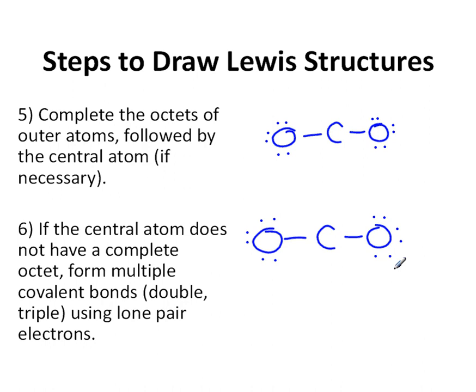Atoms will try and share evenly. So if we look at the central atom, it has 4 electrons around it. To make 8, it needs 4 more. I have to get 4 from 2 different atoms. So if I do 4 divided by 2, that means 2 from each of the oxygens. So I'm going to steal any 2 electrons from one oxygen, and I'm going to move them in between the oxygen and carbon on one side.